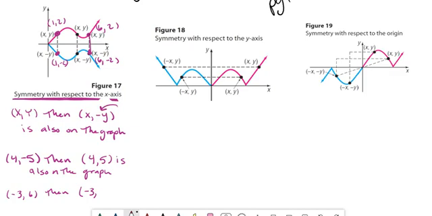It's the opposite sign of what it was in the original point. So x stays the same, and then we want the opposite sign of y. Therefore, if negative 3 comma 6 is a point on the graph, then negative 3 comma negative 6 is also on the graph.